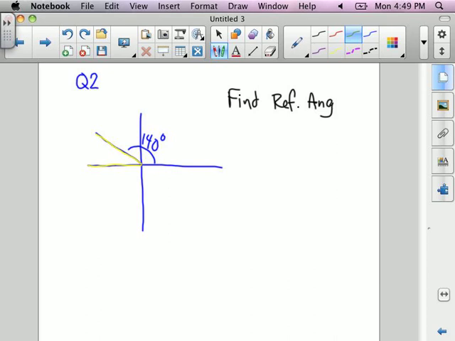And it turns out if that's 140, that little angle by itself is a 40 degree angle. Thinking back to geometry, they have to add up to 180. So my reference angle on this problem is going to be 40 degrees. It's less than 90, it's an acute angle, and one of the sides is along the x-axis. So that's how you handle the second quadrant.